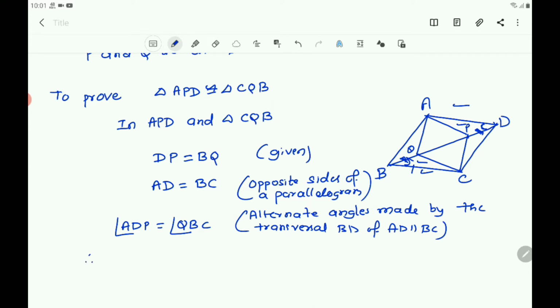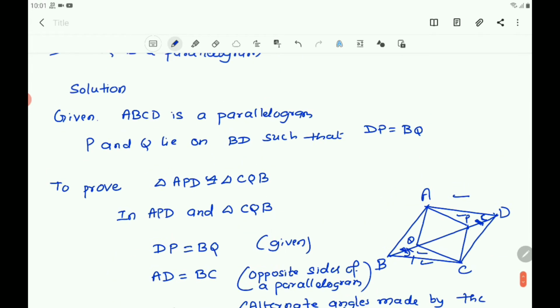Therefore triangle APD is congruent to triangle CQB according to SAS congruence rule. So you proved the first one.